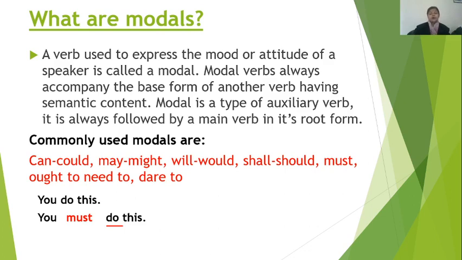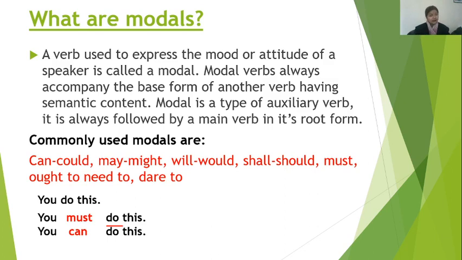Okay, now I am going to change my modal. Here you do this. This was my sentence. This time it is you can do this. Now what does it mean? Here the can is expressing the ability of the person, that the person has the potential to do this.